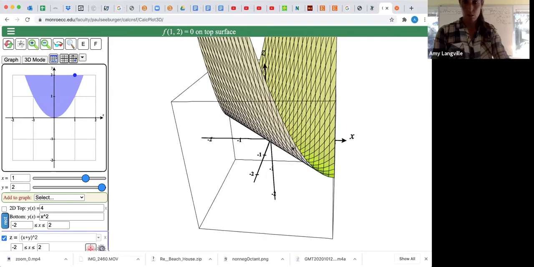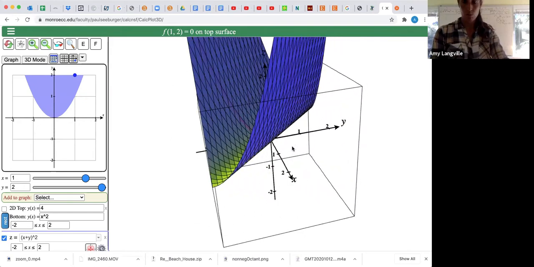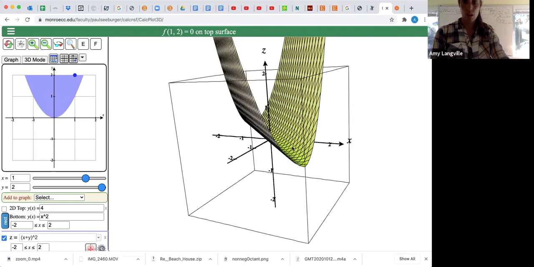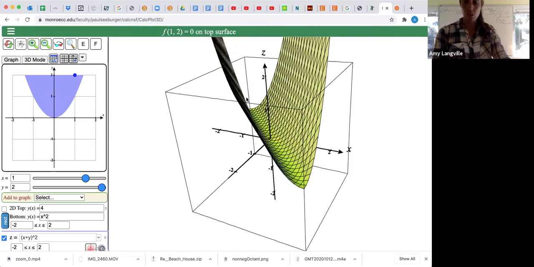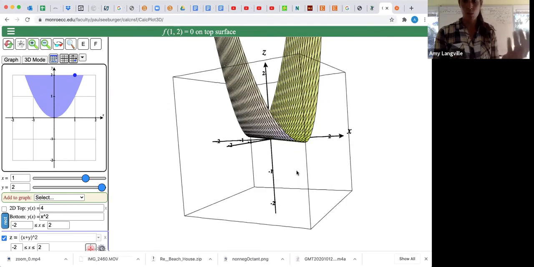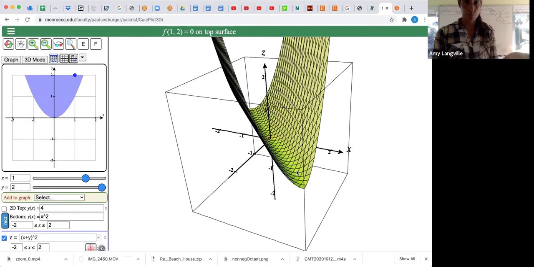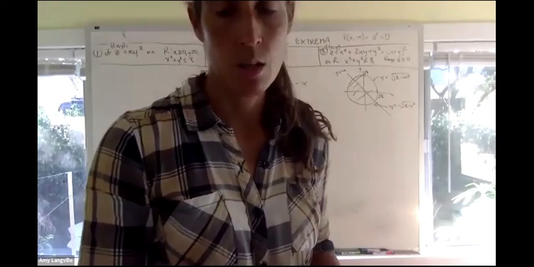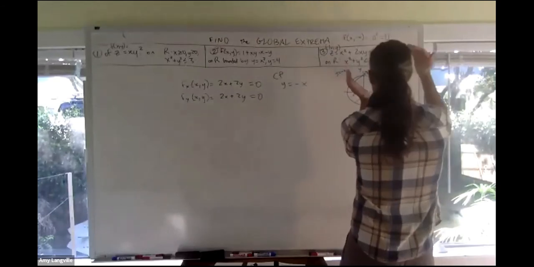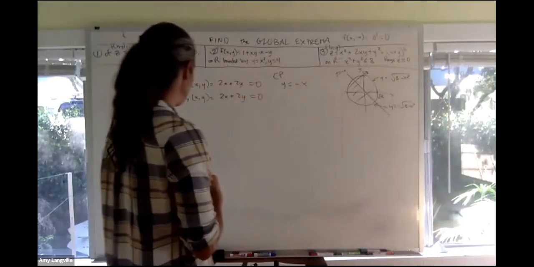Let's get a few different views as we move around. But you can see that along the line y equals negative x, which is right along here, that is your lowest value. Those are touching the xy plane. That's the minimum that we can achieve here for this problem. Okay, so again, we've got this thing rising up out from the board there.